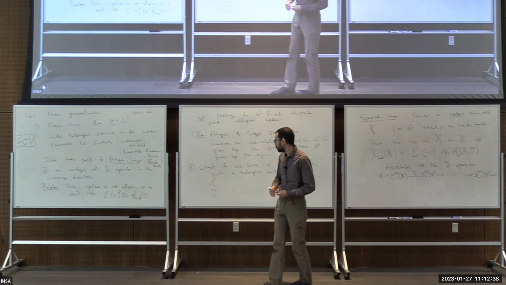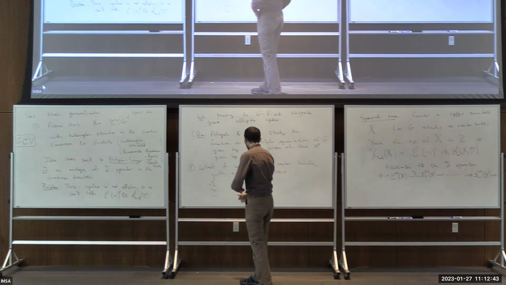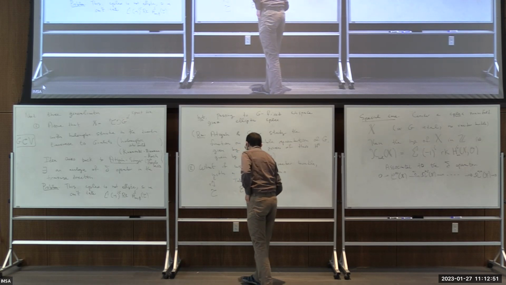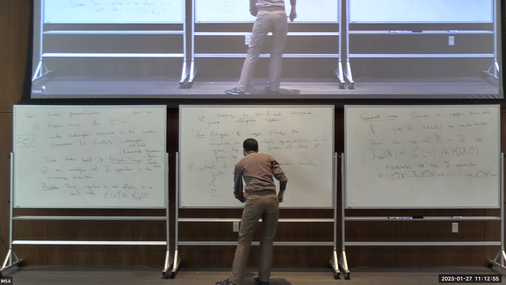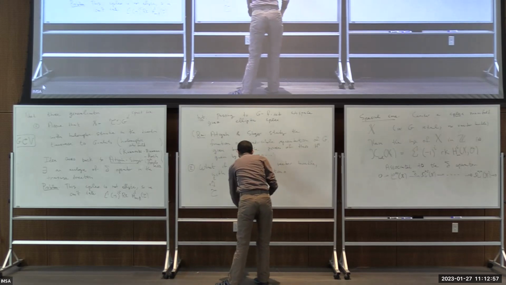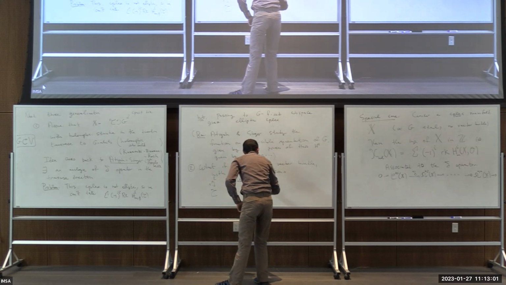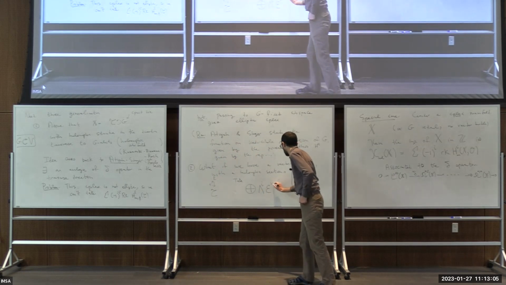But you have to be a little bit more tricky. So you take the exterior algebra on the dual, the direct sum of wedge i of E dual.